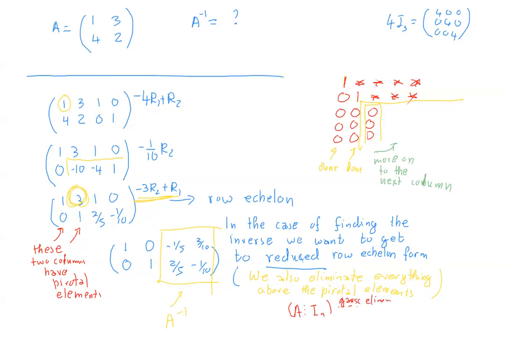Either you will not get the identity matrix because there will be a column that will not have a pivotal, a column consisting of all zeros. Or you will get to a situation where you have the identity on the left, and whatever appears on the right, that's the inverse of A.